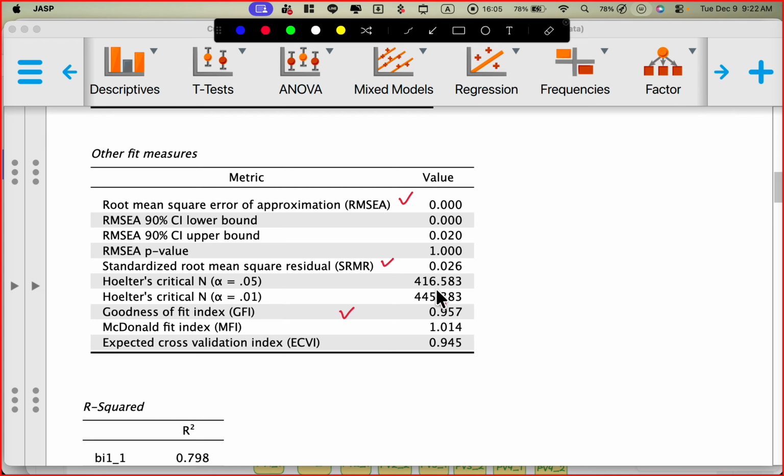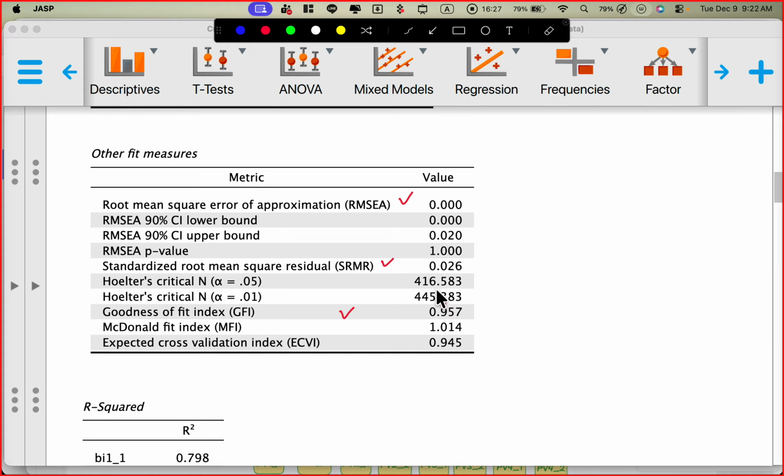Let me tell you something. The relationship between CI and p-value. For this model fit, we need the p-value to be greater than 5%, right?